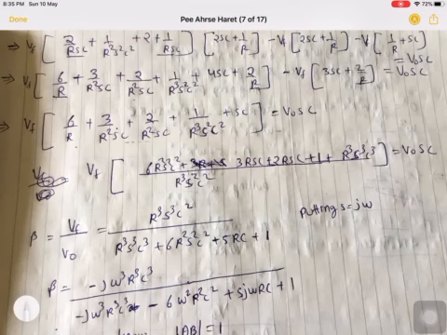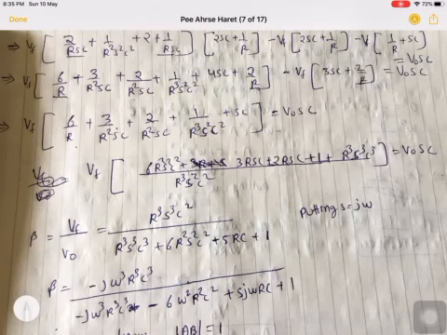First I am taking LCM here. LCM will be R cube S square C square. It will become 6 R square S square C square plus 3 RSC plus 2 RSC plus 1 plus R cube S cube C cube equal to VOSC. Now what is beta? Beta is nothing but VF by VO.